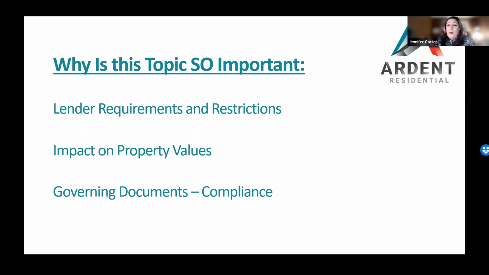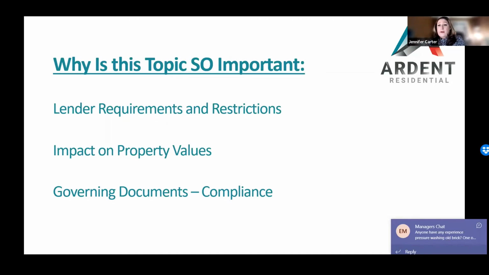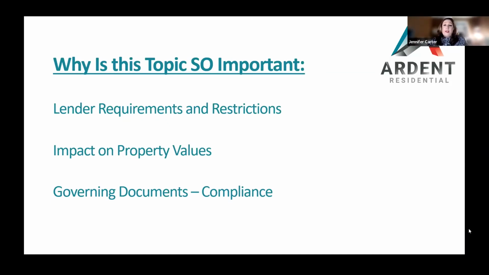Why is this topic so important? Why should it be relevant to you, either as a homeowner or a board member? Leasing restrictions have become way more complicated over the last few years because there have been so many changes in lender requirements with the economic downturn and other things. There are a lot of lenders now requiring very minimal leasing of investment owned properties within a community association.